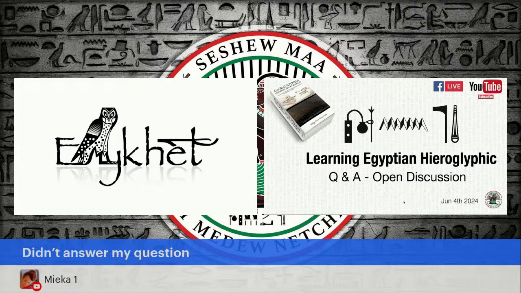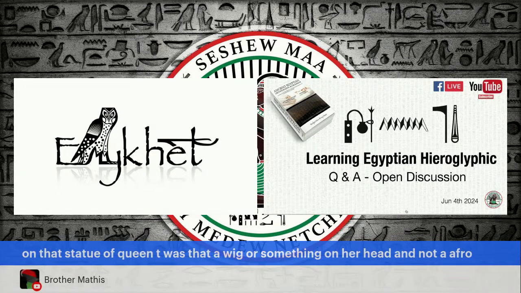Mika, if you had a different question that I didn't see, you can repeat it, if that's towards me. Brother Master says, on that statue of Queen T, was that a wig or something on her head and not an afro? I would have to relook at that, because I've seen so many of these statues and spoken about them, and I don't want to get them confused.